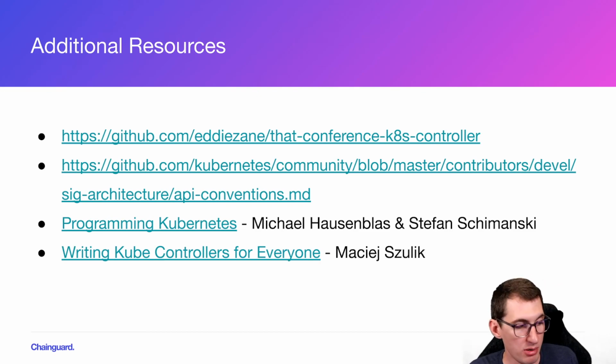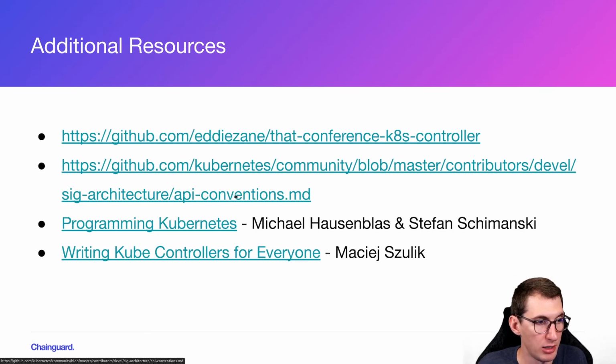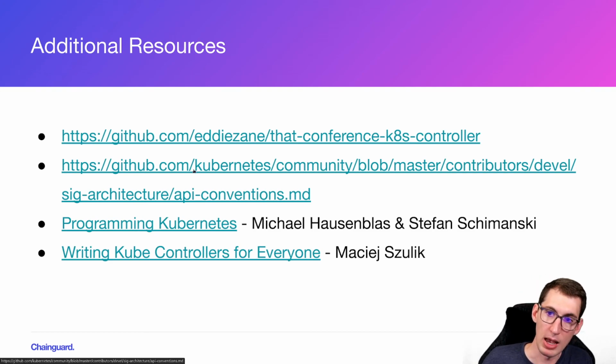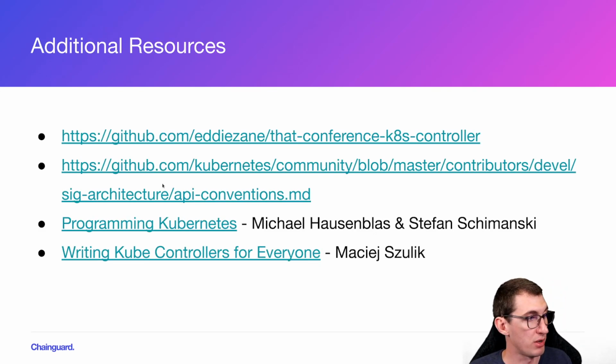Some additional resources for you to look at. There's a link to this repo with all the code that we worked through and some other fun examples that I didn't actually get to talk about. The contributor developer SIG API convention docs is a really awesome resource. It's the source of truth for all these terms and different bits in here.